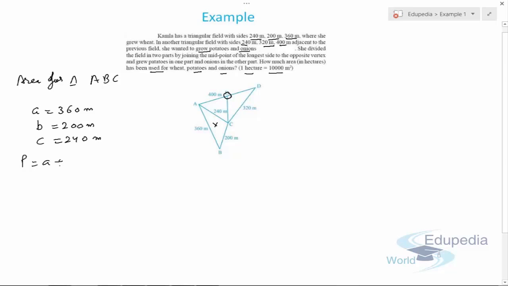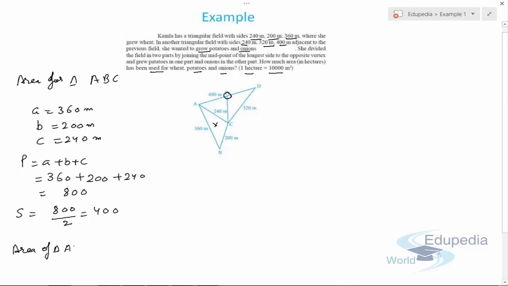So it will be A plus B plus C, which equals 360 plus 200 plus 240. So this will come out to be 800. Now the semi-perimeter is half of the perimeter, so it will be 800 by 2, which will be 400. Now we can use Heron's formula to find the area of triangle ABC.